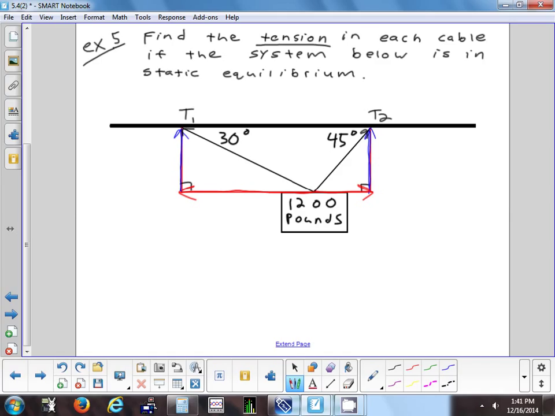Think of T2 as the length or the magnitude of the cable. That's the tension in it. How long is it? The angle, that's the direction. Let's fill in a few other angles. If this angle is 30, how about the one next to it? Yep, that's a 60. How about the one down at the bottom?